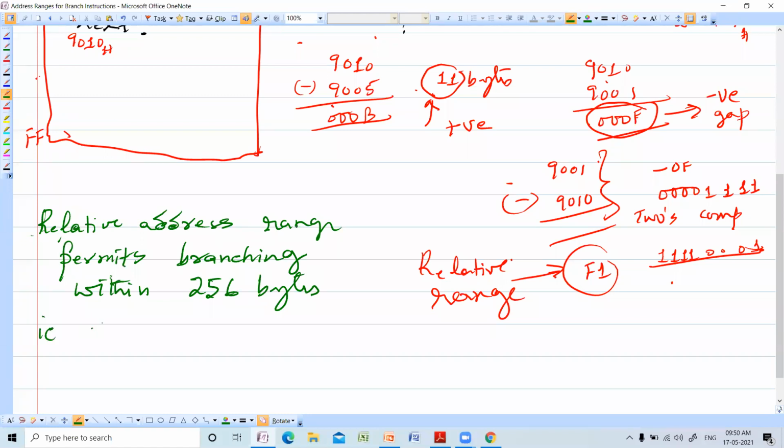That is, both in case of forward and backward branching.